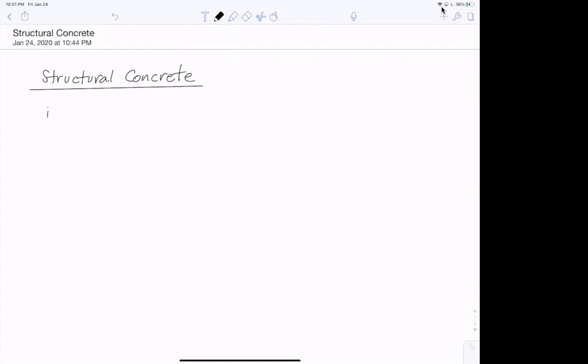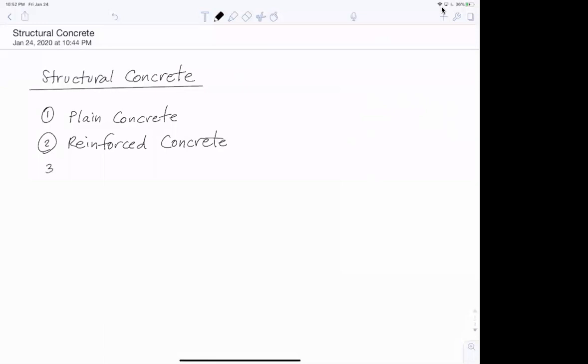So there's one, plain concrete, that is no reinforcement. Then there's reinforced concrete, which is the subject of our class.